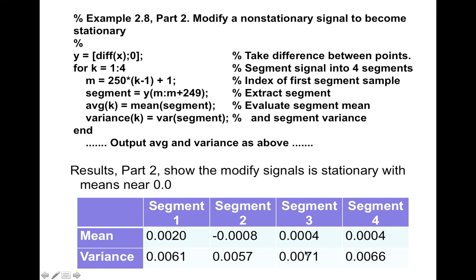The variance is also pretty small. Sometimes this is referred to as the transformation of data or of a signal, not in the quote-unquote sense of a Fourier transform, but it is transforming the data into a different form. And so taking the derivative sometimes will improve the stationarity of the signal.